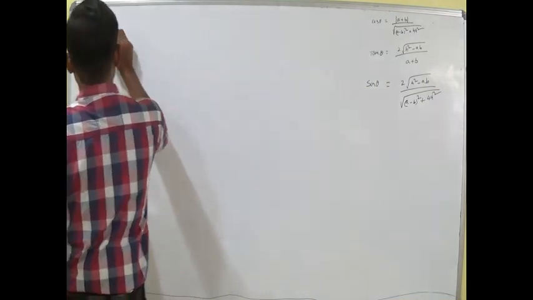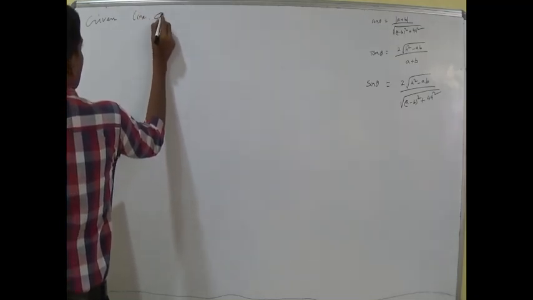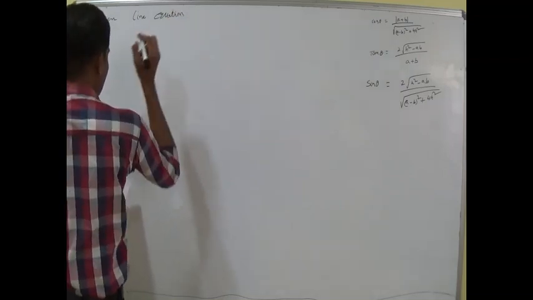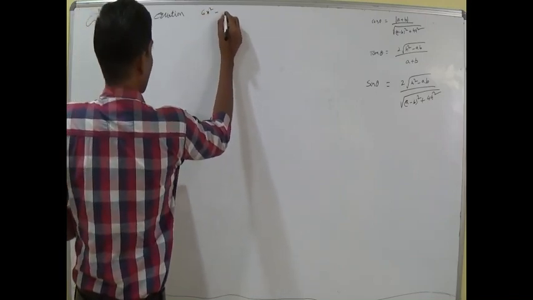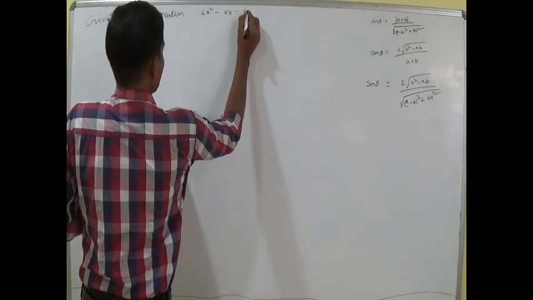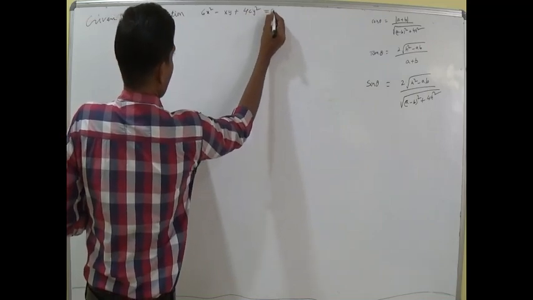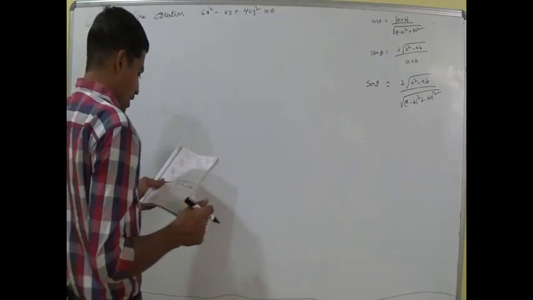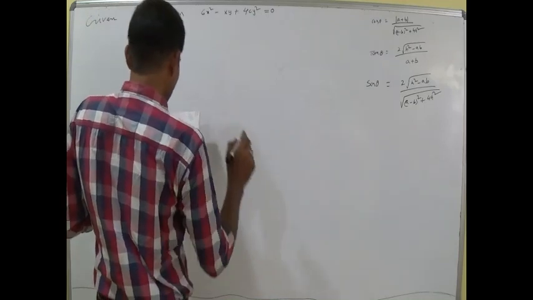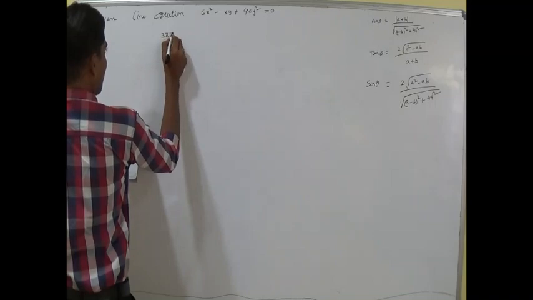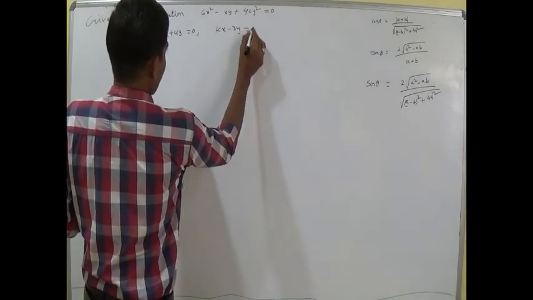The given equation 6x square minus xy plus 4c y square equal to 0 is represented by the linear equations 3x plus 4y equal to 0 and kx minus 3y equal to 0.